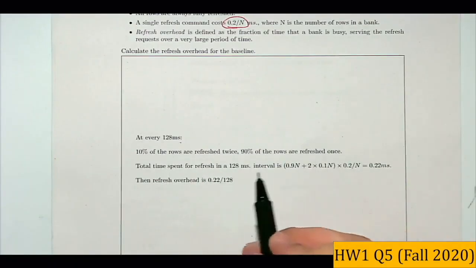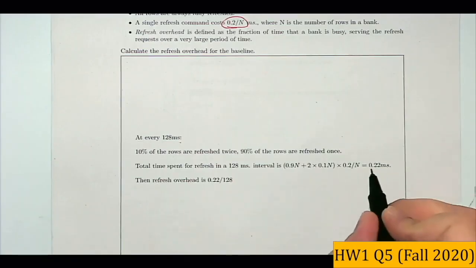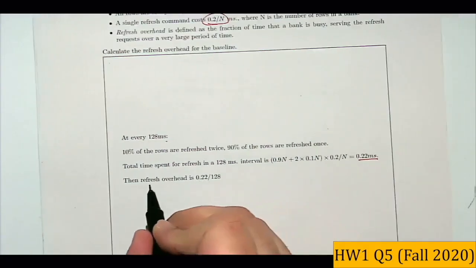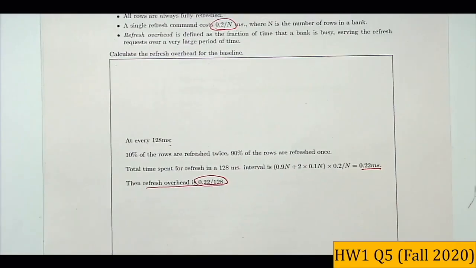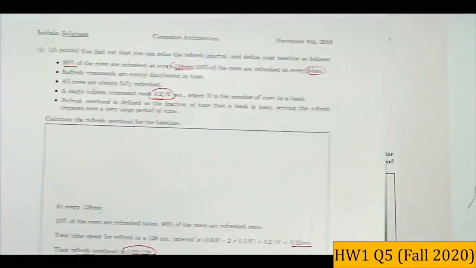When we add up their costs, we see that the bank is occupied for 0.22 milliseconds for every refresh. And this refresh happens every 128 milliseconds, so the refresh overhead is this number here. Okay? So this was our baseline and the answer to this question.